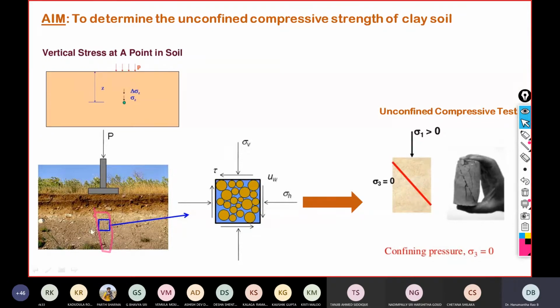But here we are assuming that the lateral stresses are 0. Sigma 3 is 0. Now if only sigma 1, that is axial stress, acts on the soil sample, how much is the resistance offered by that particular soil sample? That is what is called the unconfined compressive strength.